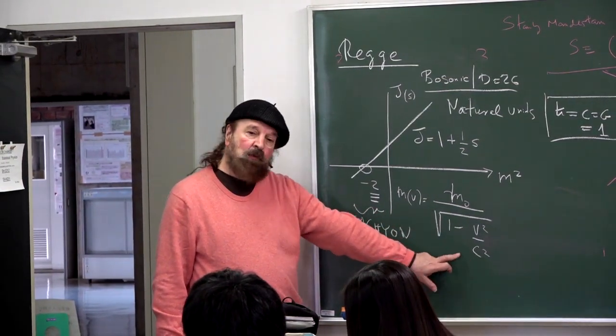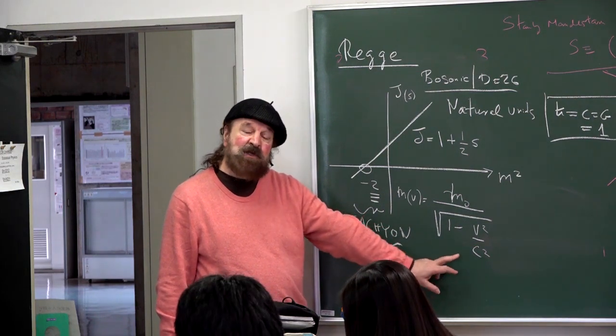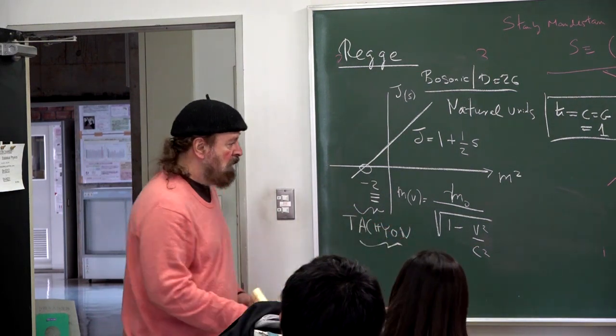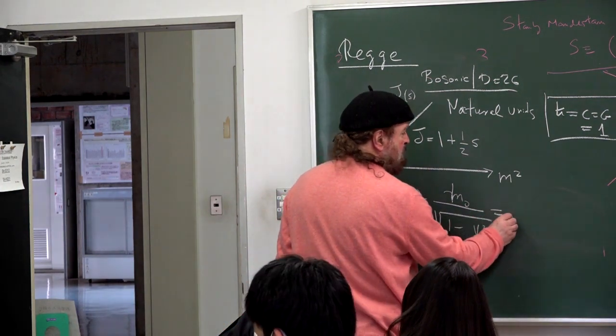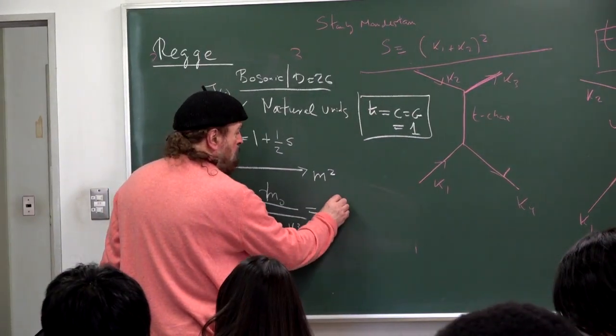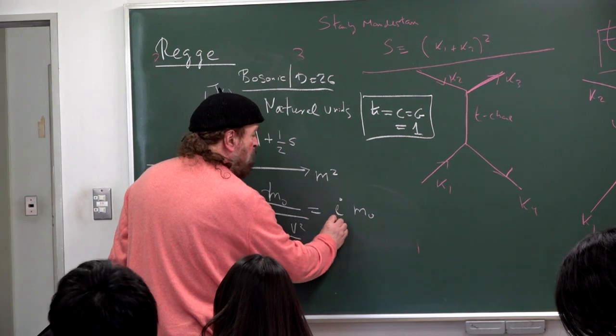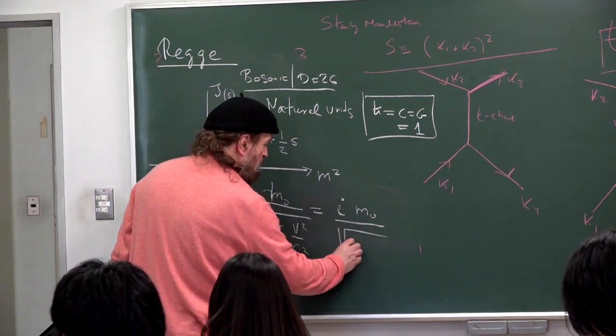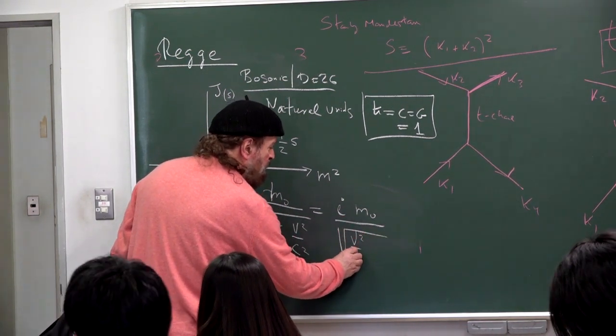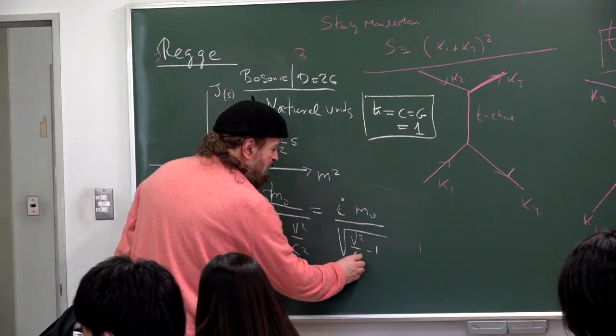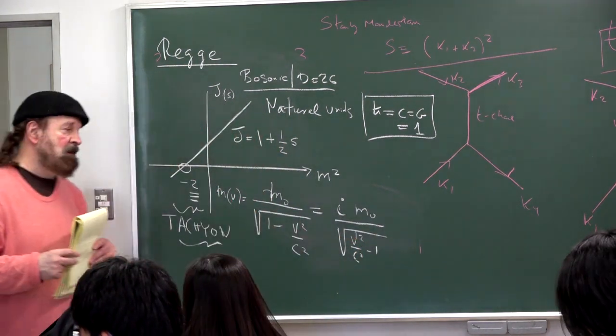So you have the square root of a negative number. So you have an imaginary i factor. So you can write this like this: i and 0, and then you can reverse the order. Okay. You get something that looks like this, because now the velocity is greater than the speed of light.